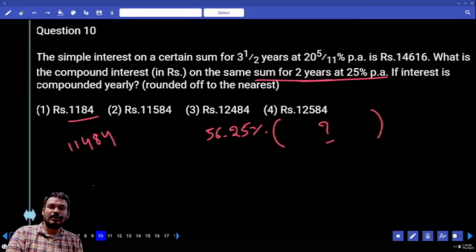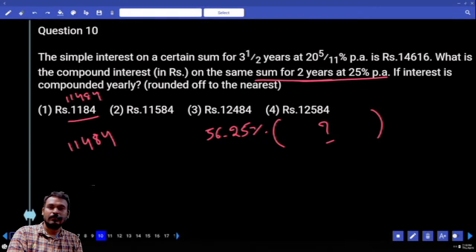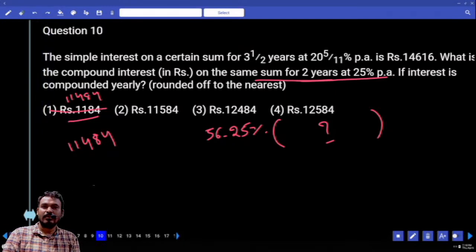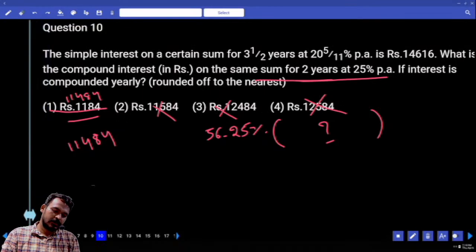It is 11,484, a printing mistake. 11,484 is a 3 multiple. Second option, no. Third option, no. Fourth option, no. The answer is the first option.